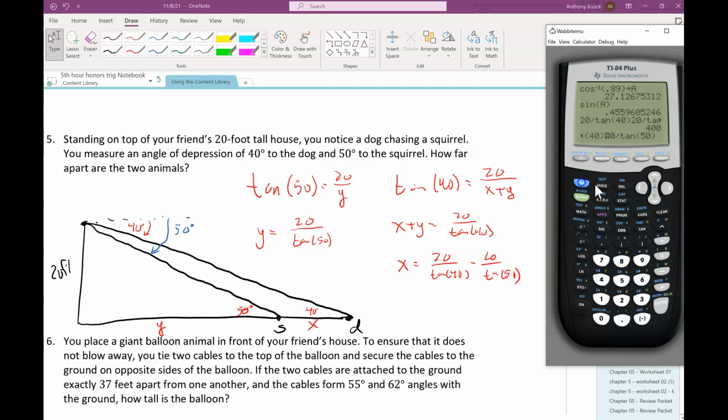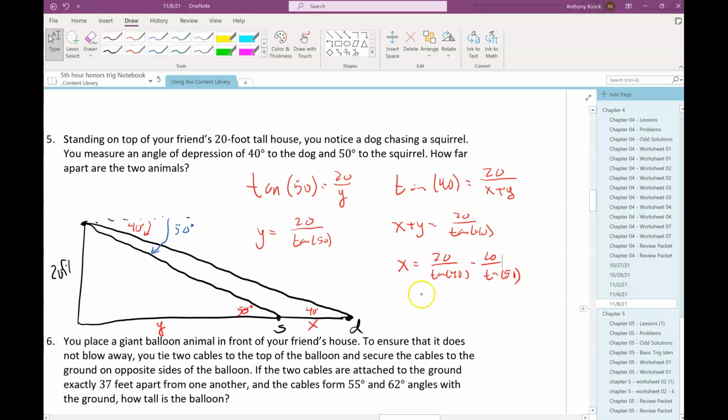I missed my subtraction symbol in there. I was going to say 400 feet apart. That is crazy. It's no longer chasing anymore. So that distance is about 7 feet. That seems more reasonable for a dog chasing a squirrel anyways.